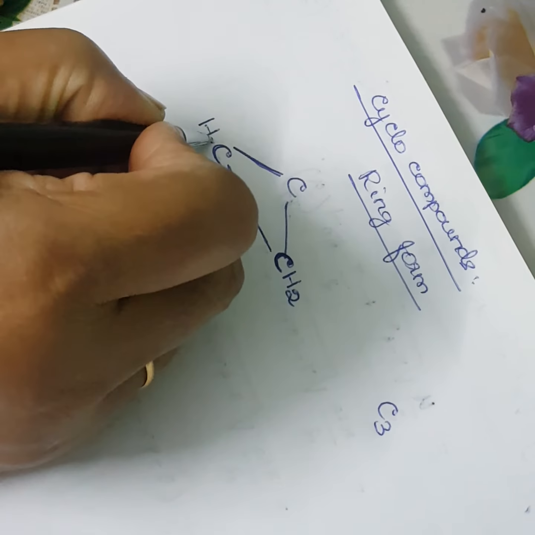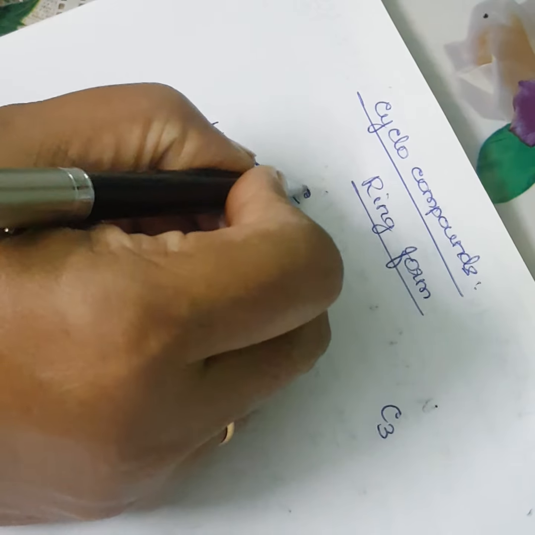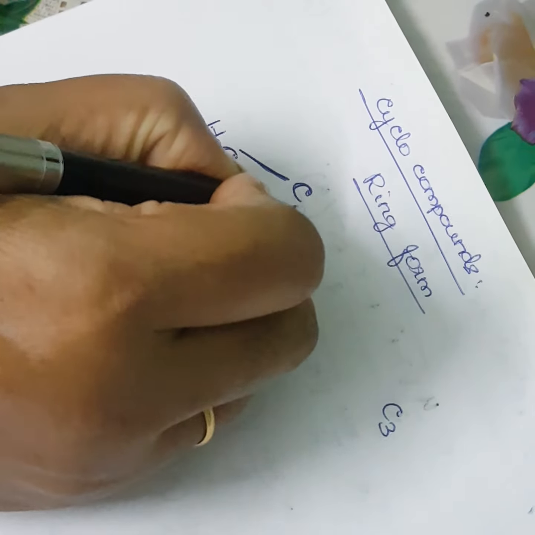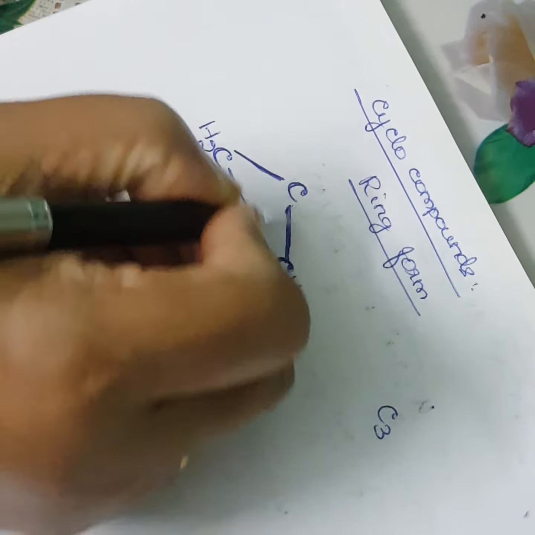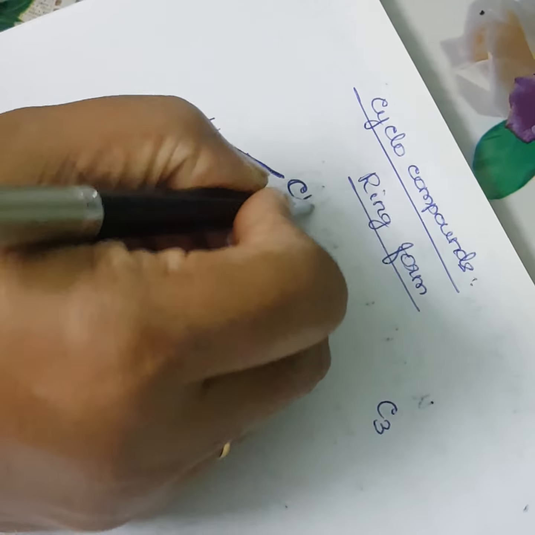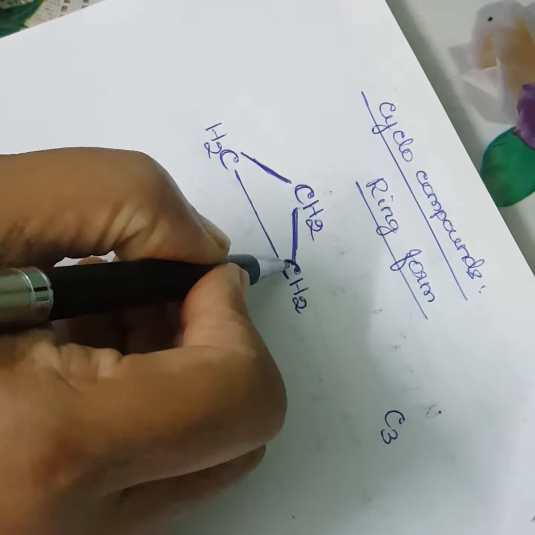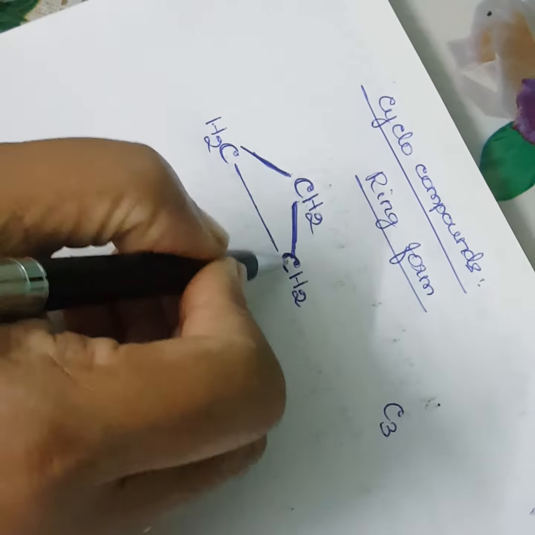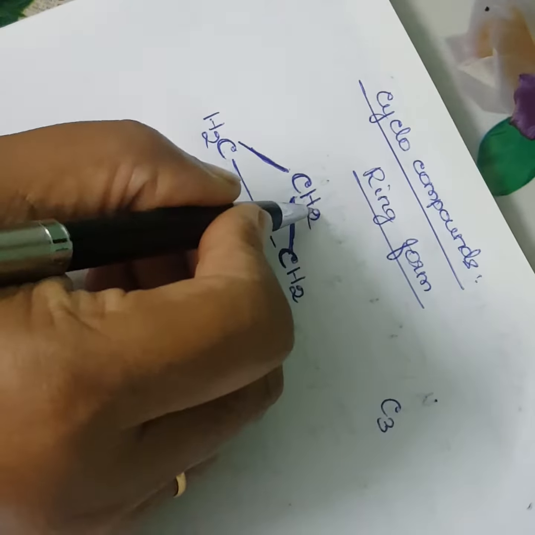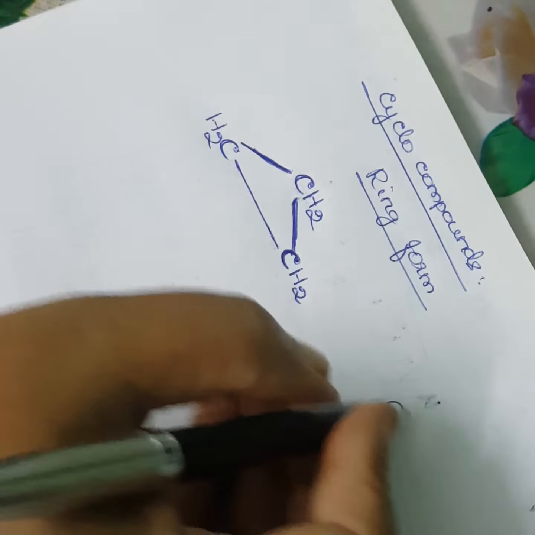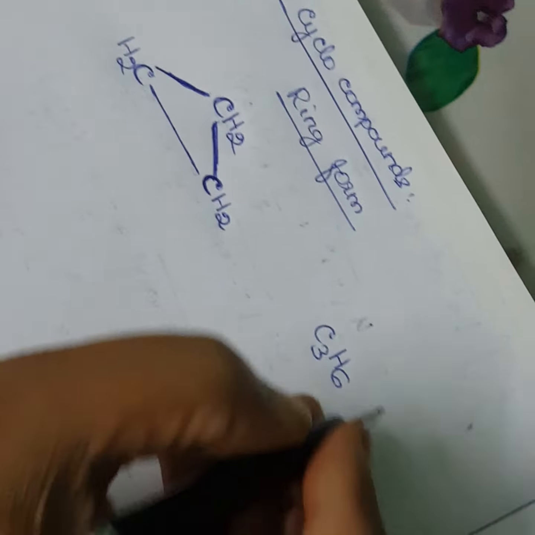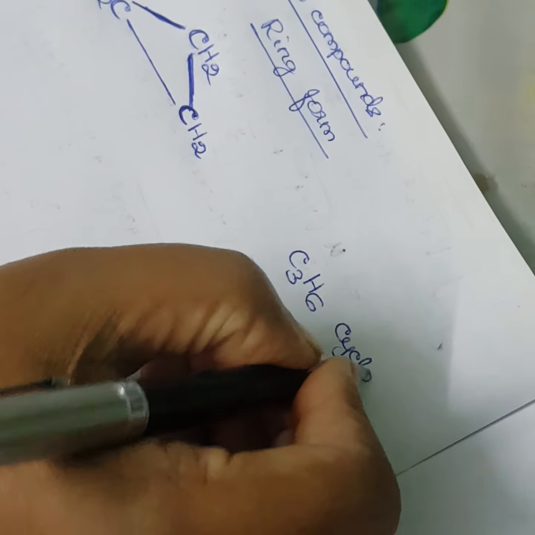So the remaining 2 will be hydrogen. This carbon is already bonded here on single bond, here on single bond. So the remaining 2 will be CH2. Now totally the number of carbon atoms is 1, 2, 3, C3. H is 2, 4, 6. So H is 6. And this compound is called cyclopropane.